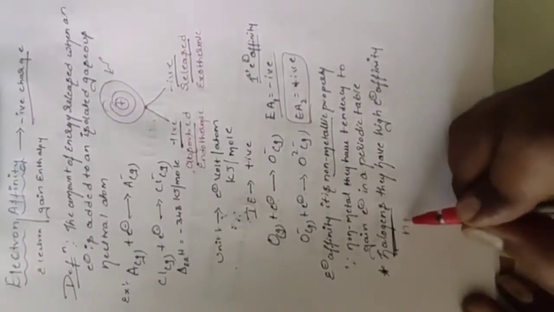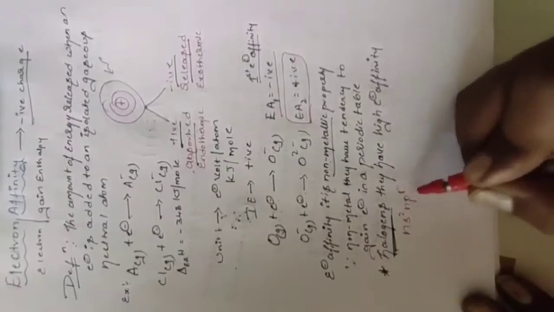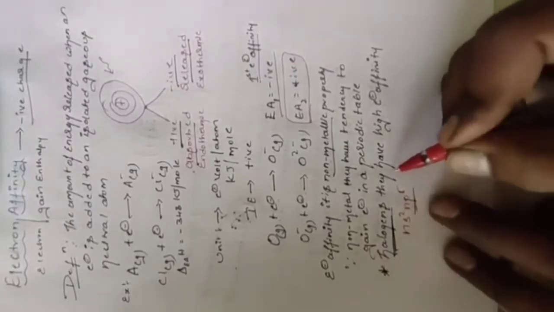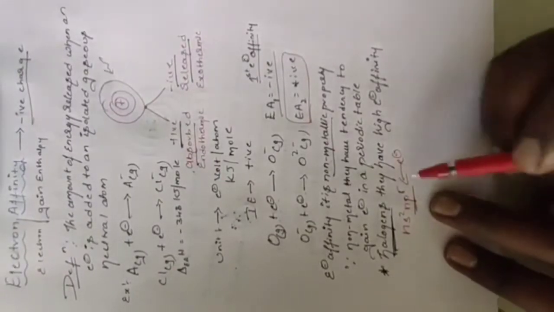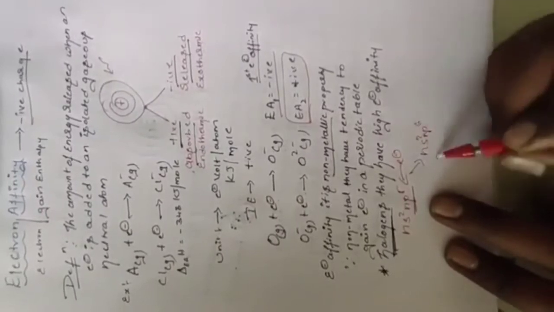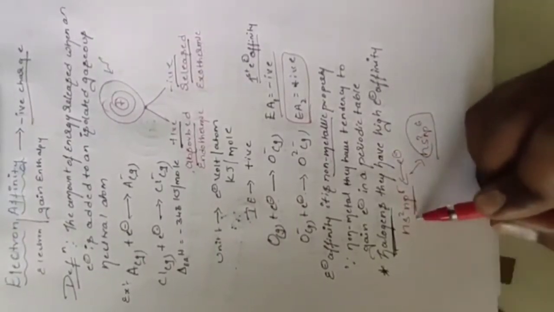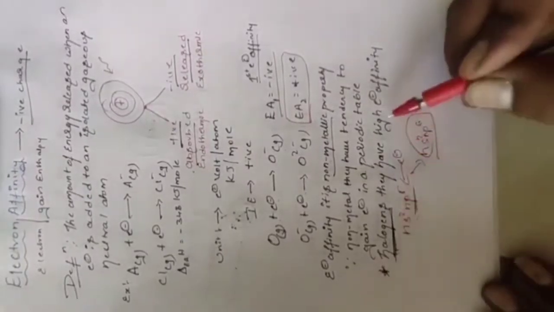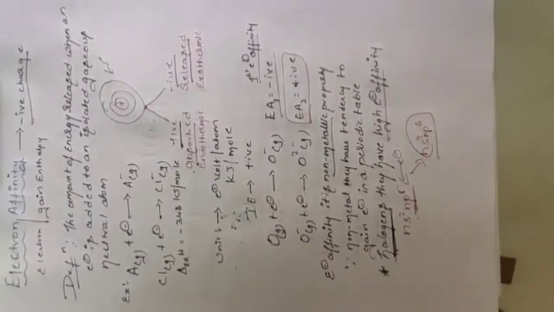Because if you write the halogens' electronic configuration, ns2 np5, it needs only one electron. It is ready to take the electron, then it becomes completely ns2 np6, correct? For that it has high electron affinity, it has the tendency to gain the electron. Halogens have high electron affinity.